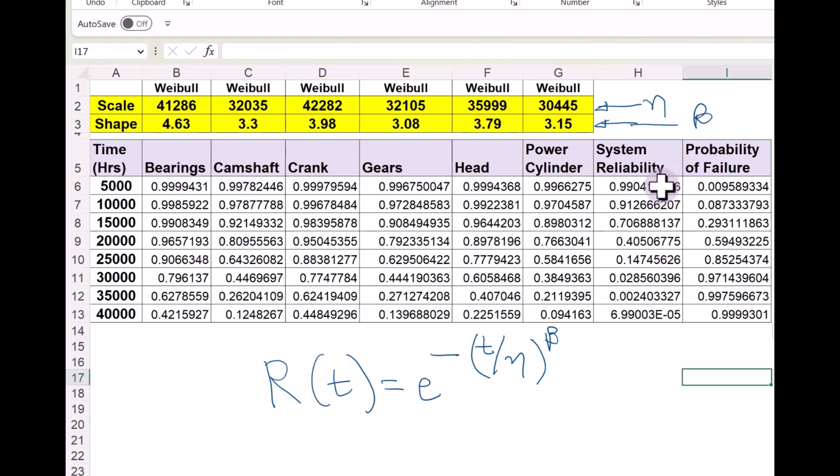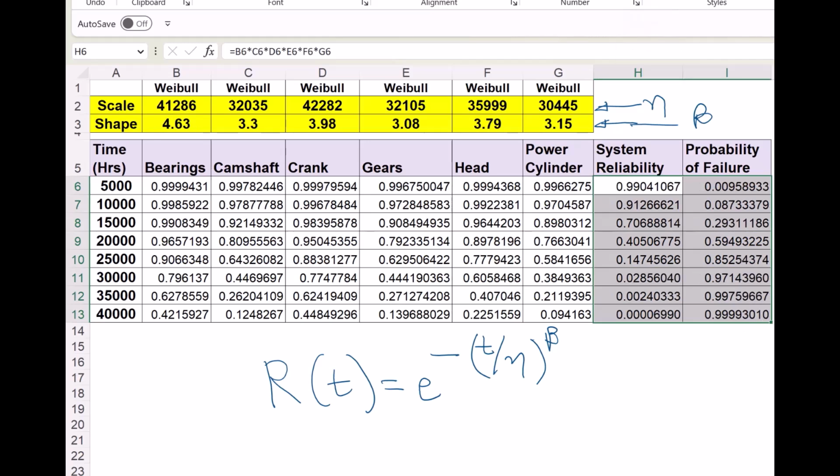We can clearly see that the system reliability drops from 0.9904 to a very small value, 6.99 times 10 raised to minus 5, that is nearly 0 at 40,000 hours. And probability of failure obviously increases from 0.00958 to 0.9999, etc. We will reduce the decimals for the convenience of seeing the values, so we will do it up to 5 decimals.